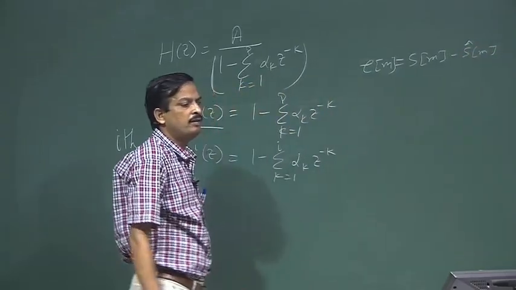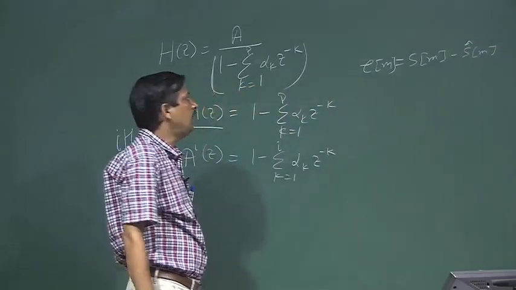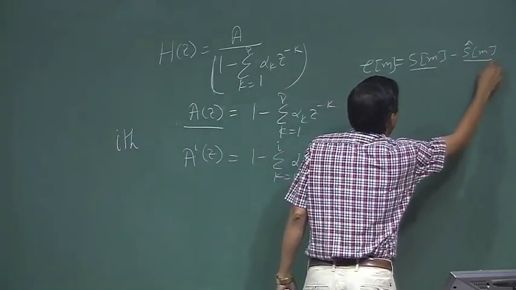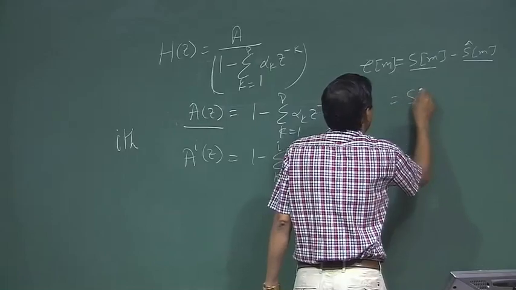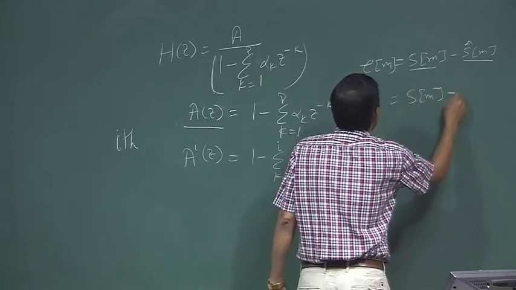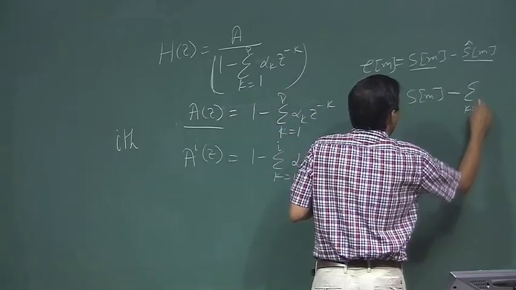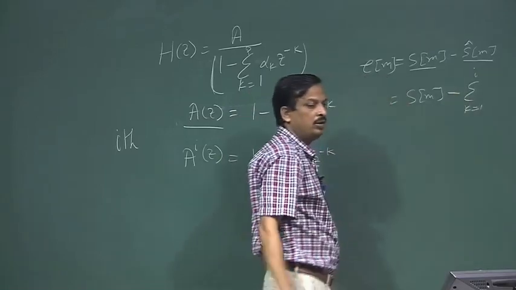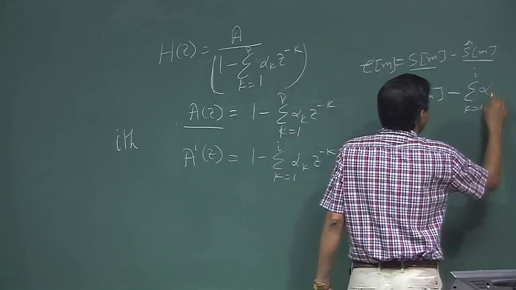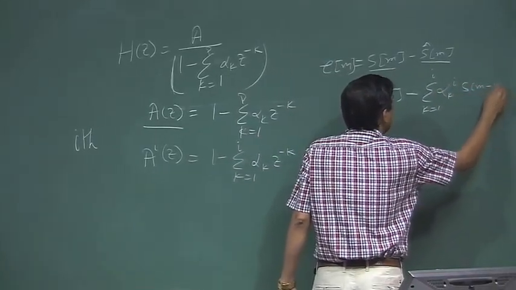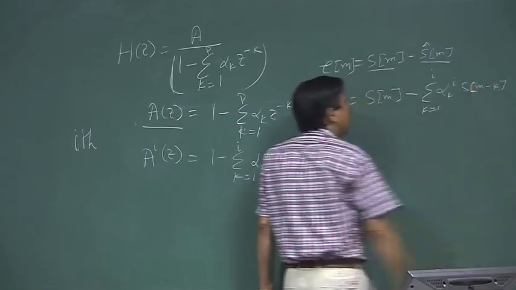This is my original sample and this is my predicted sample. So, e_m is s_m minus the sum over k equal to 1 to i of alpha k i s of m minus k.